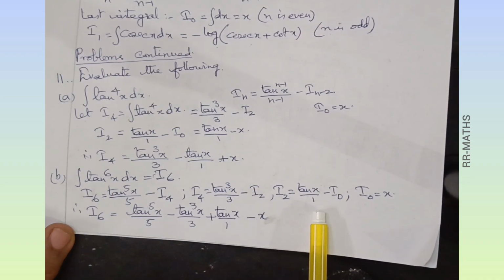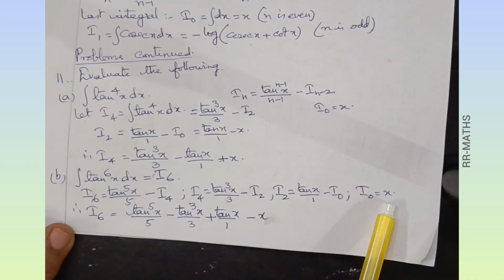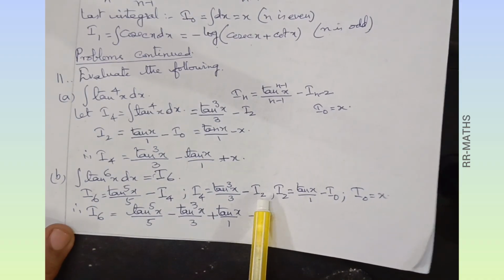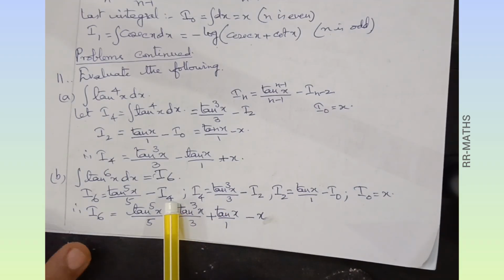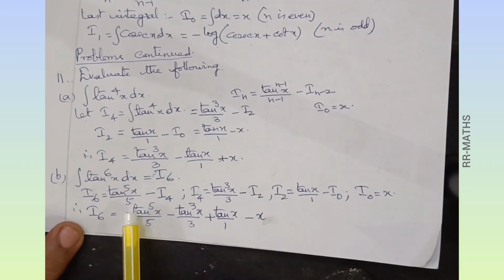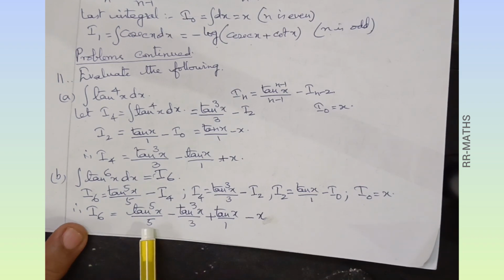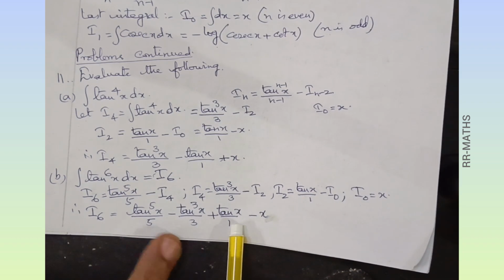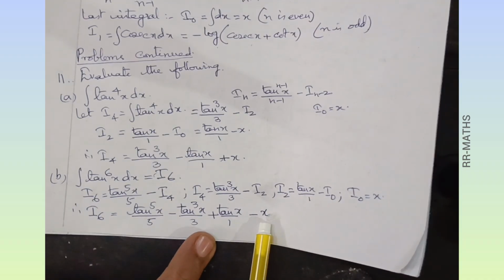I2 is equal to tan x minus I naught. I naught is x. So I come back here, I substitute I naught as x, and here I substitute the I2, and the whole thing I substitute in I4. Finally my I6 reduces to tan to the power of 5x by 5 minus tan cube x by 3 plus tan x by 1 minus x. That is going to be your final answer.